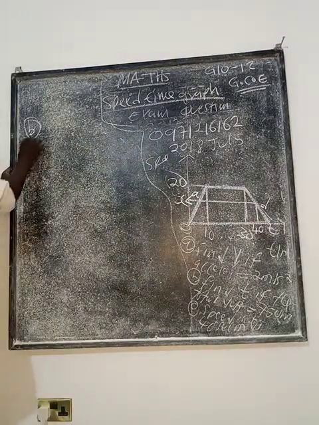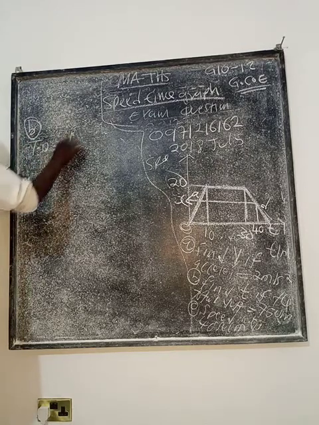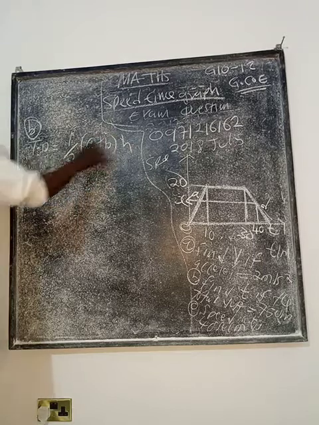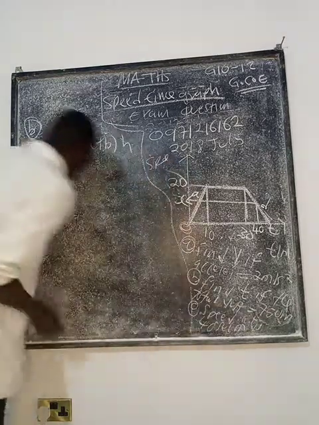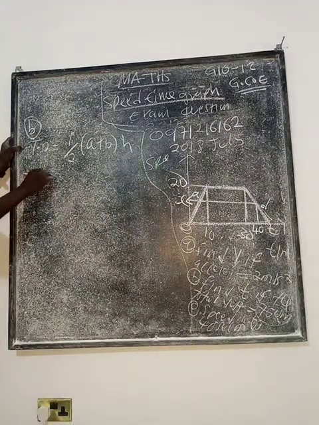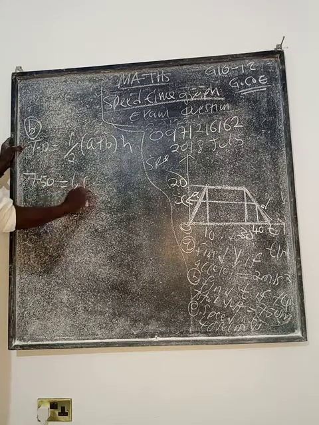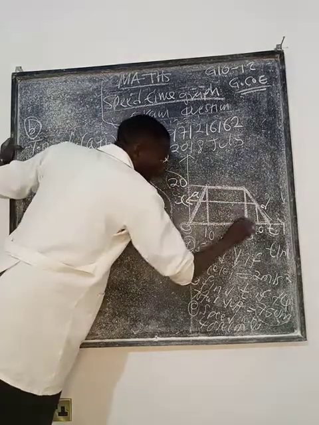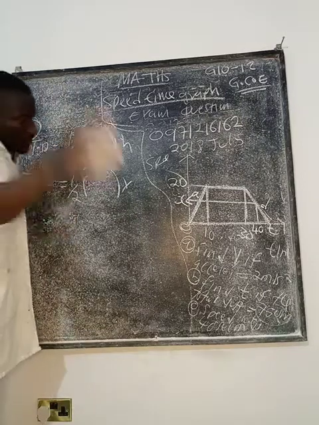What does it say? Total distance is equal to half (A plus B) H. Total distance has been given in the question to be 750. I will replace 750 there. Then I will begin replacing. Your A is here, 10 and 30. Do you add or subtract? You subtract here.